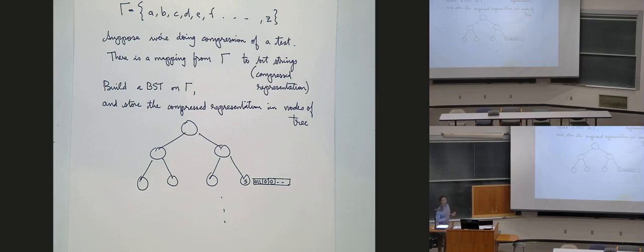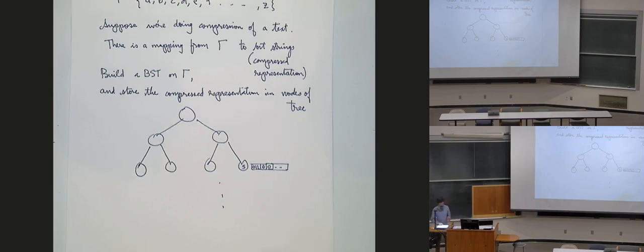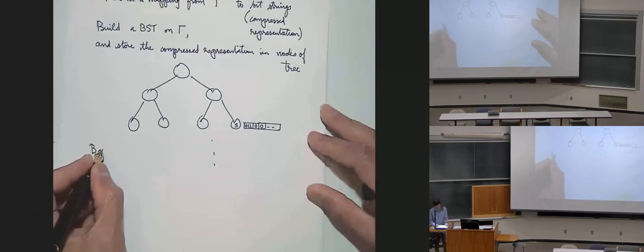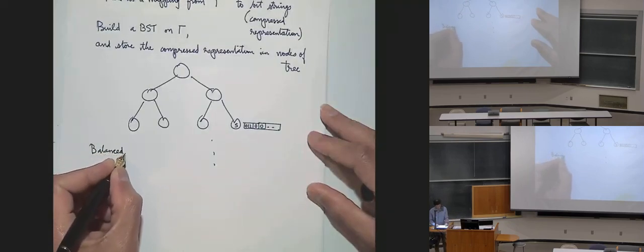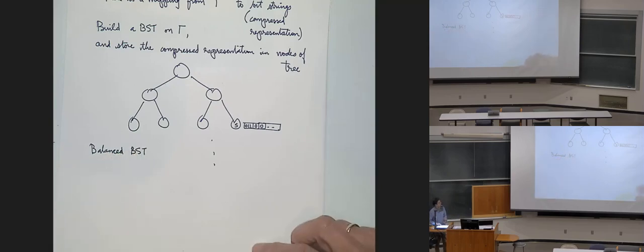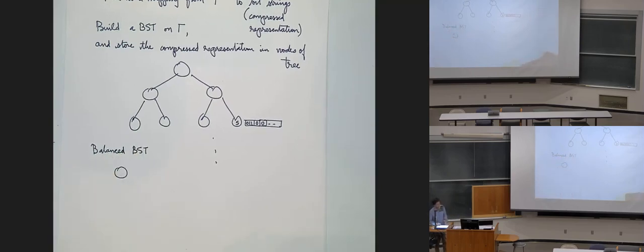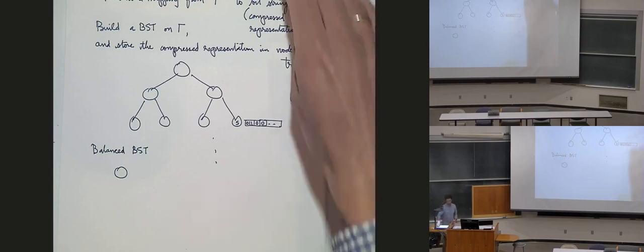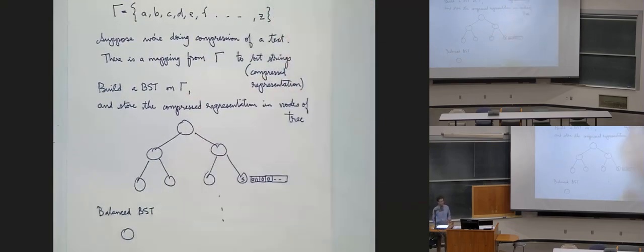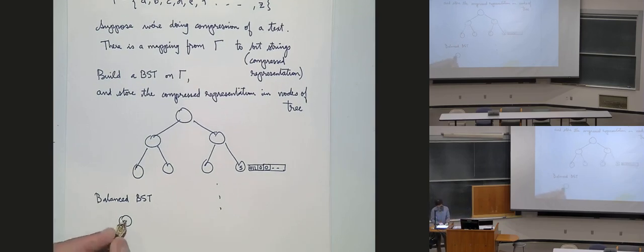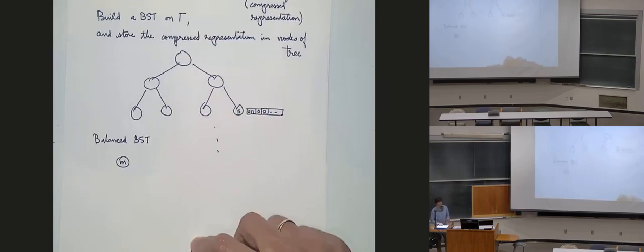Now the question is, what binary search tree should you build? You could say just build a normal balanced binary search tree. So let's just do a balanced BST. The middle of this is something like M. That would be about the 13th character. So you'd put M over here.